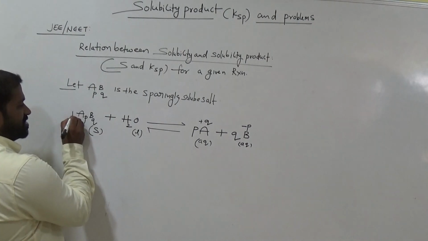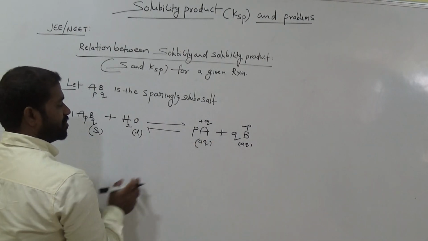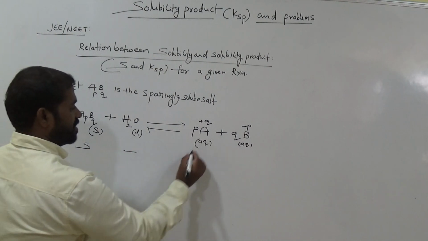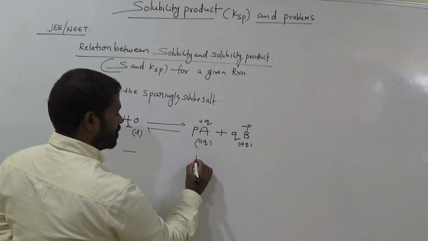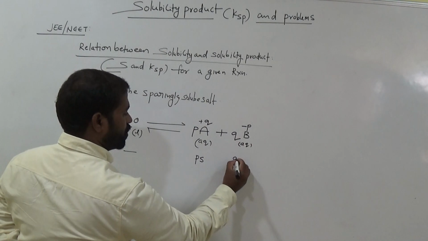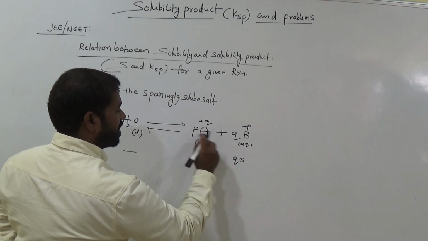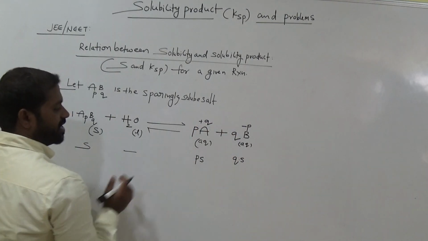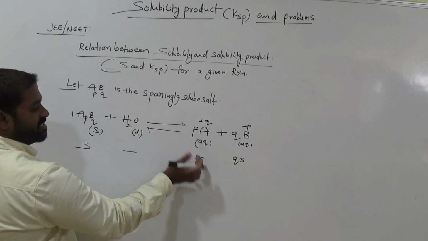Now this is 1 mole, this is P moles, this is Q moles. Now its solubility is S. Here it is P into S, here it is Q into S. Why? Because P and Q are the stoichiometric coefficients, so multiply with the stoichiometric coefficient.